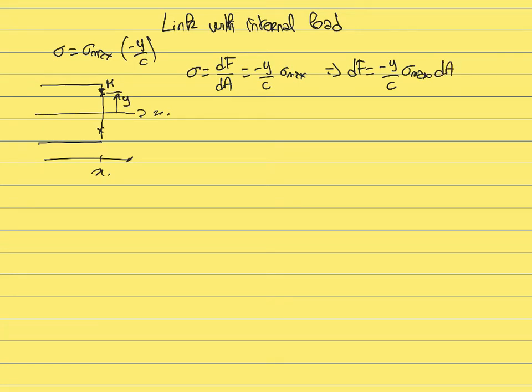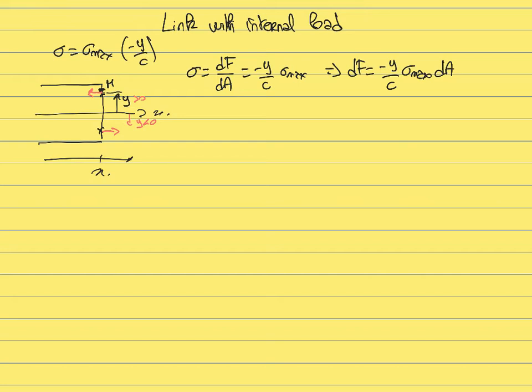So if you look at this, when y is positive, then you have a force that is going to be negative. That means that in this case, the top is going to be under compression. But on the other hand, when y becomes negative, then the force is now going to be pointing towards the right.